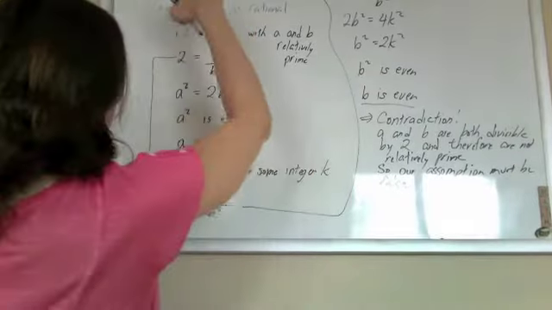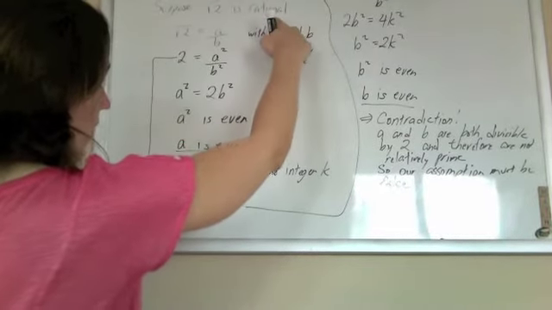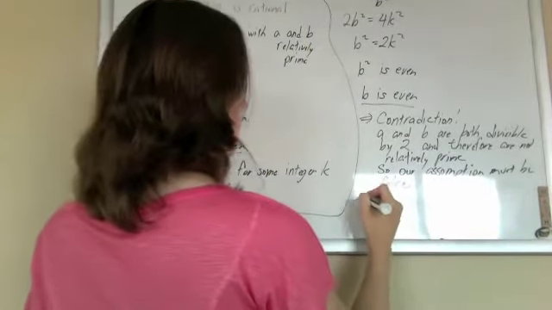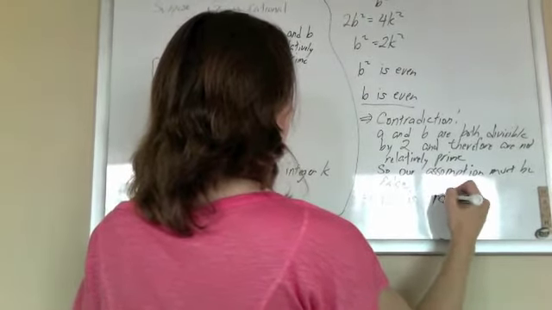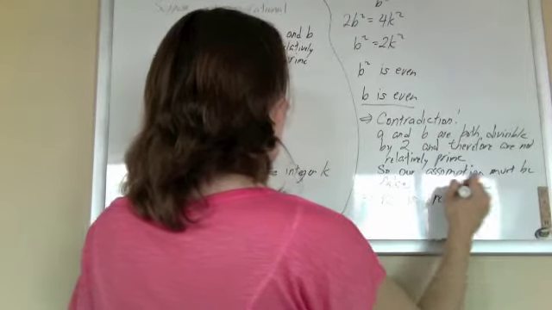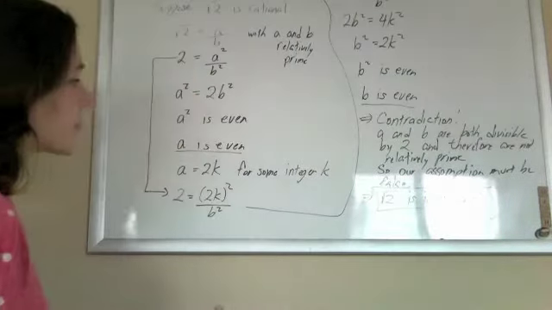And so our initial assumption was that the square root of 2 is rational. If that's false, then the square root of 2 must be irrational. And that is one nice way to prove it.